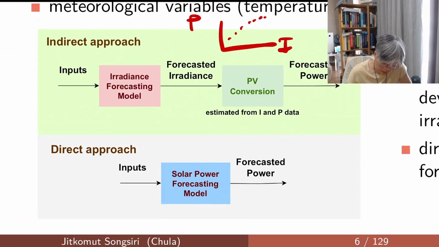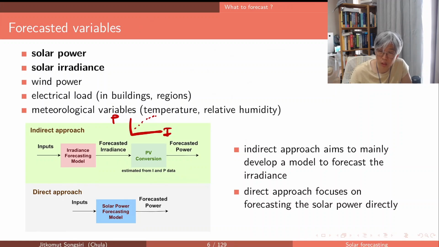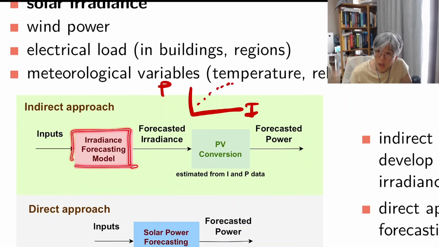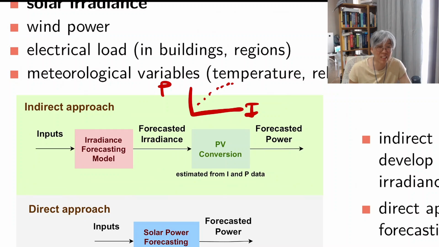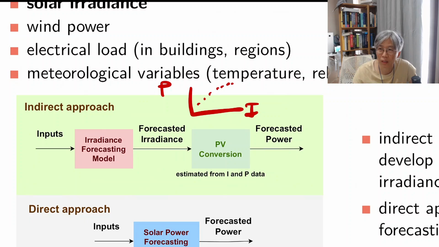Of course, the other approach would be the direct approach, where we develop the model that releases the forecasting output as the solar power directly. In order to compare the two approaches, if you pick the indirect approach, this approach could be transferred, could be scaled to other solar farms or other locations, because this model basically just explains the weather dynamics.